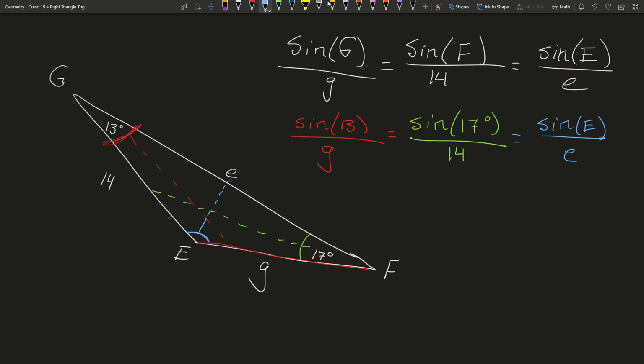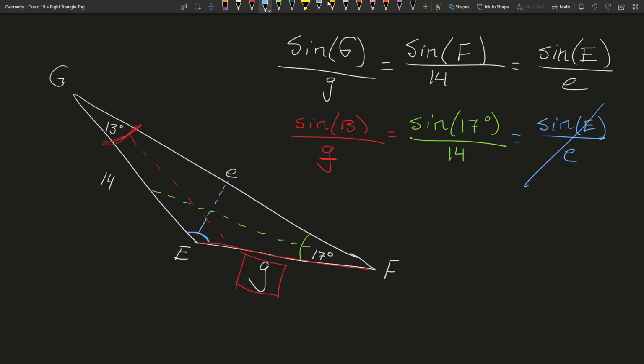Once we have that, we've got to think about what we're trying to find and what we have. Since we're trying to find g, this g should be our only unknown. So we need to cancel out anything else with an unknown in it. We get rid of our angle e and our opposite side e because we don't know anything about it.